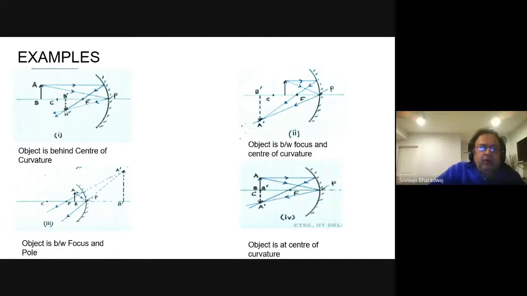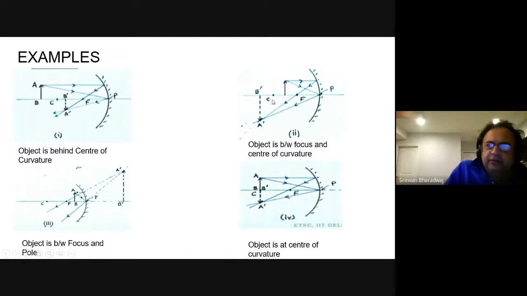Now, if the object is between the focus and center of curvature, it will be an enlarged but real image. So behind the center of curvature, it will be smaller.